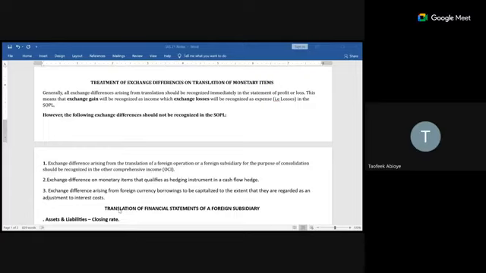If you don't pay your exam fee on time, the exchange rate will be changing every day. Sometimes it will increase, sometimes it will reduce. Instead of paying an exam fee of, let's say, 250K or 200K, if the exchange rate increases, you can be paying 300,000 or 350, and that is exchange loss.